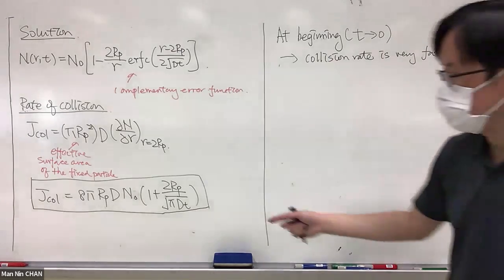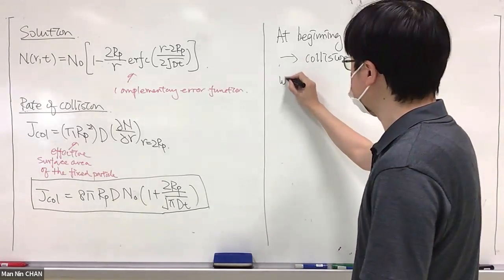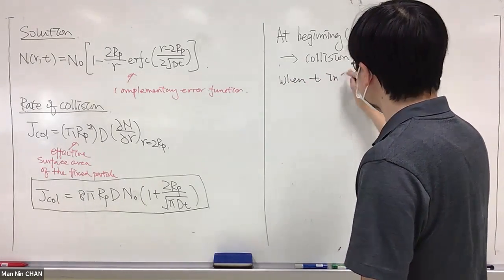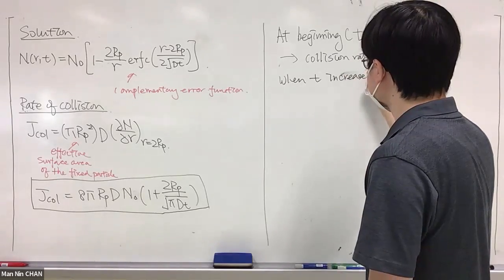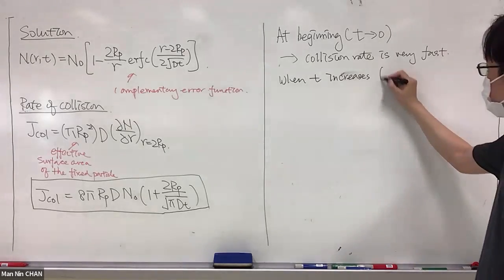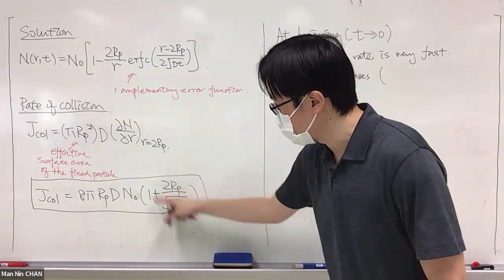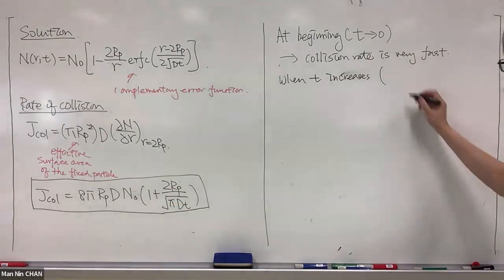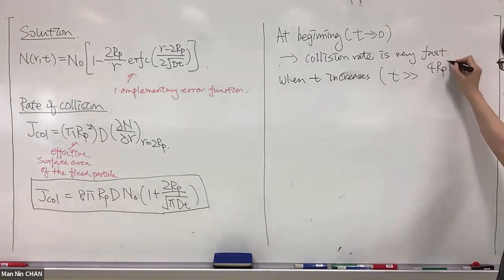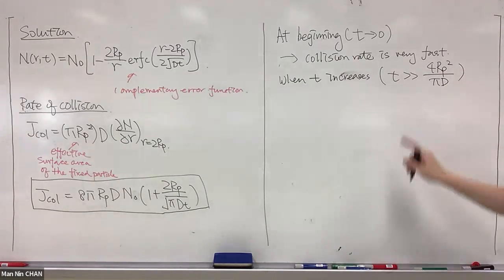But when time goes on, when T increases, you can also pick some condition. Let's say when your time is larger than 4 RP squared over pi D. Why do we set this?